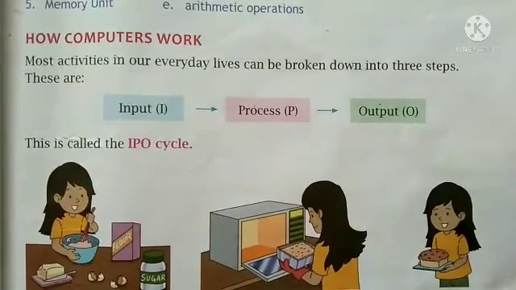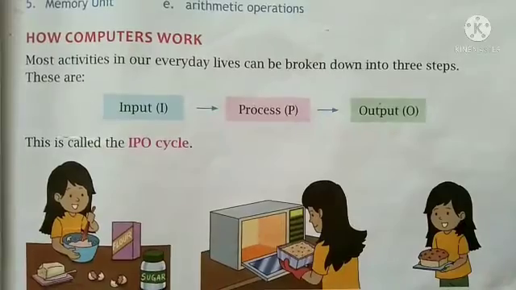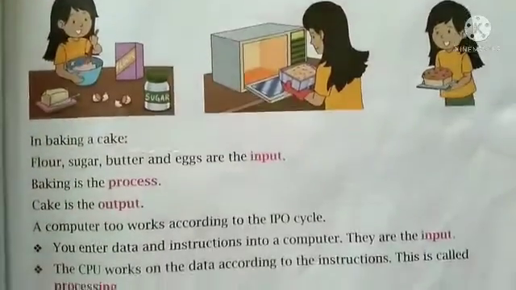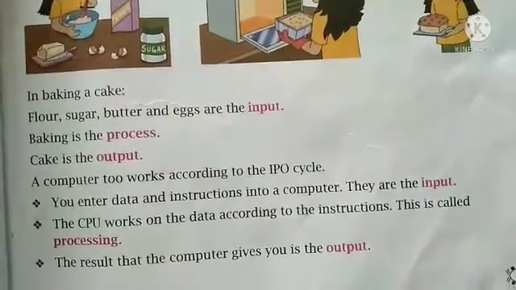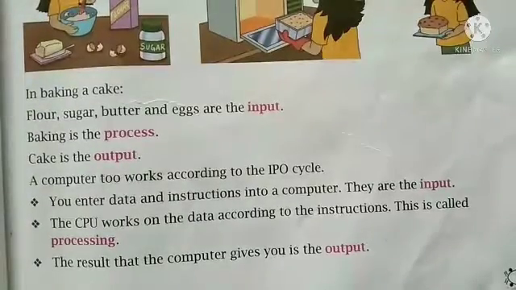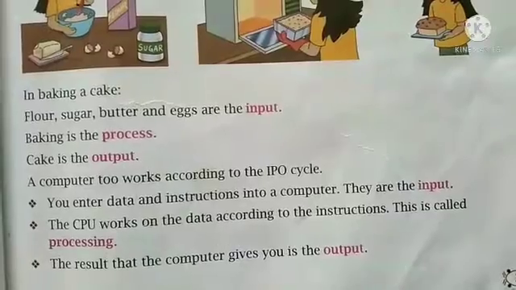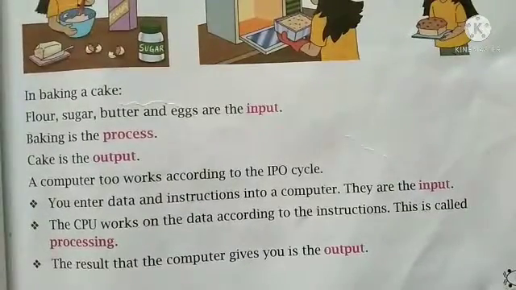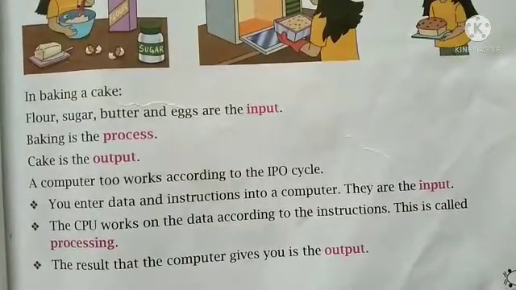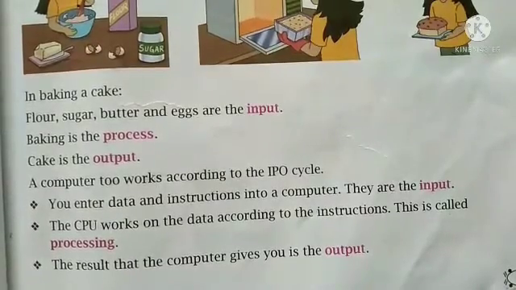For example, the data and instructions that we give to a computer will be input for it. Now what is data and instruction? For example, if you want to perform addition, you want to add two numbers and then you want a result.